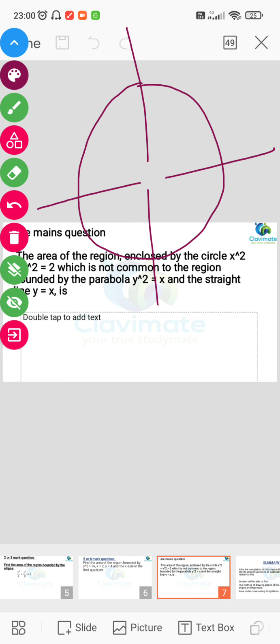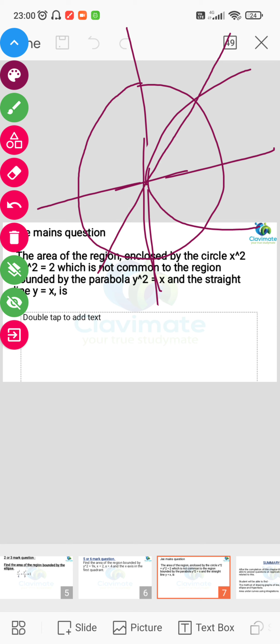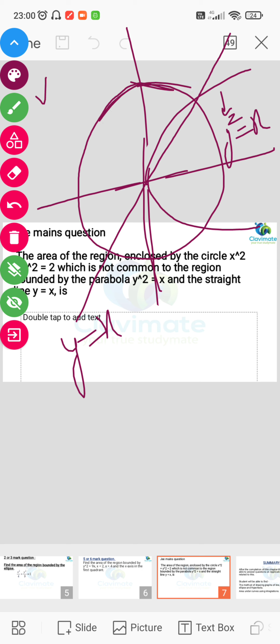So this is y square is equal to x, and this is y is equal to x, and this is our circle, which is x square plus y square is equal to 2, right?